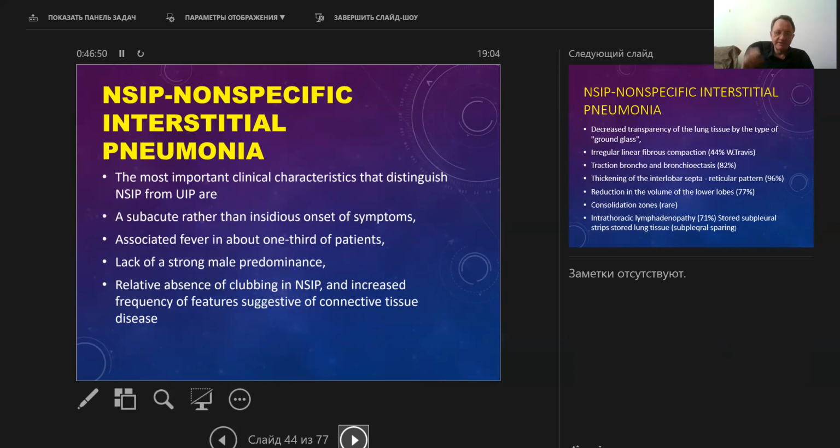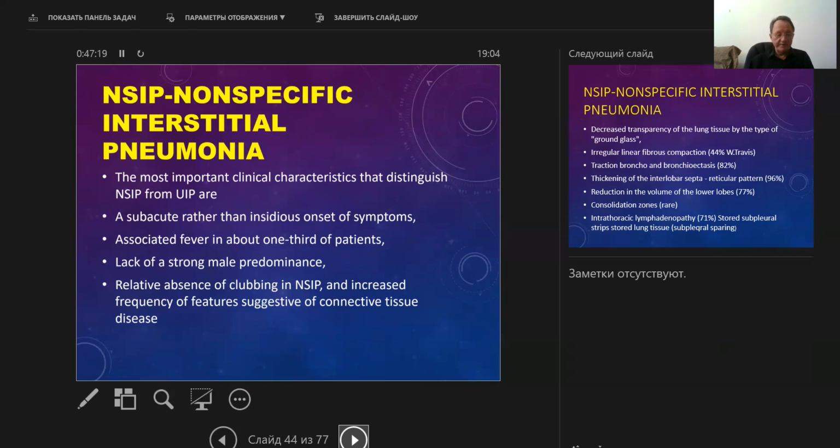We said that in the case of IPF there is male predominance. By the way, non-specific interstitial pneumonia is mostly in non-smoking females younger than 50 years old, and there is relative absence of clubbing.